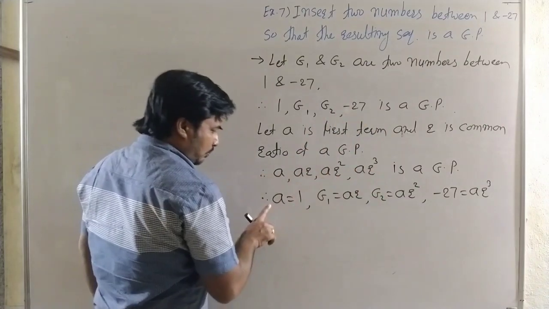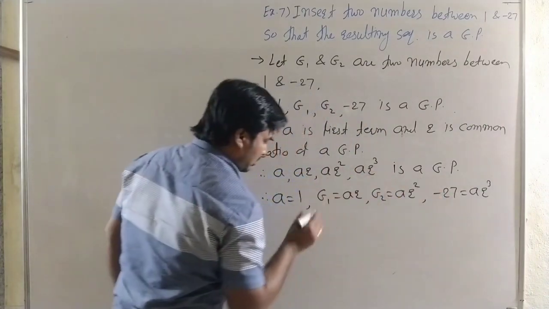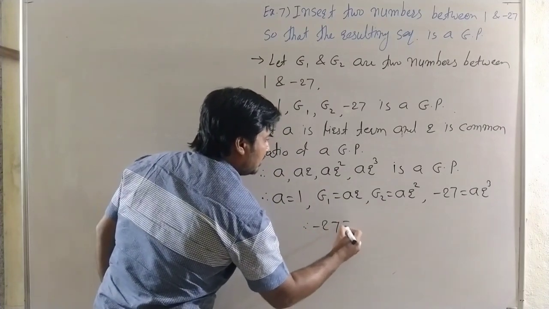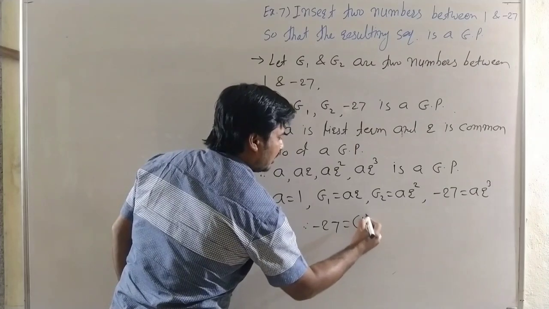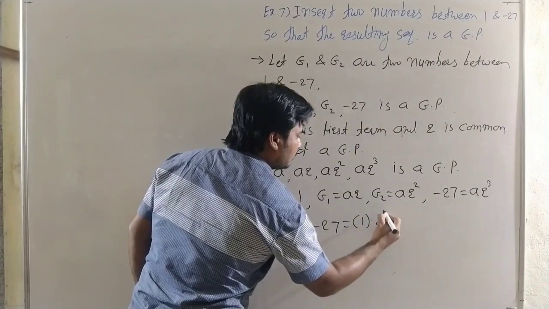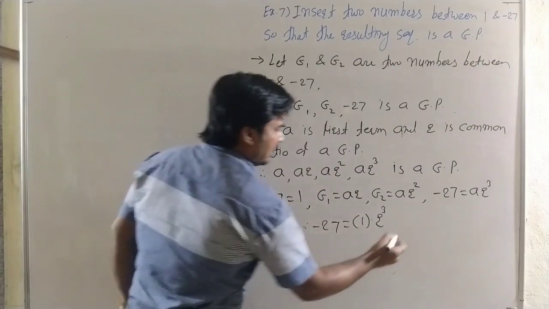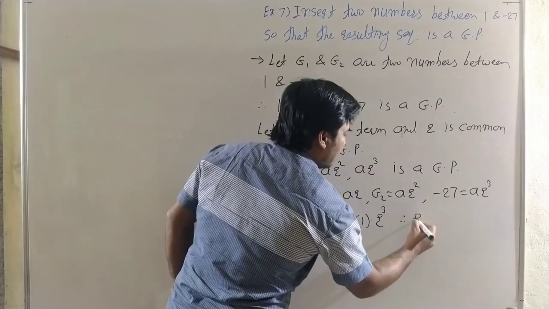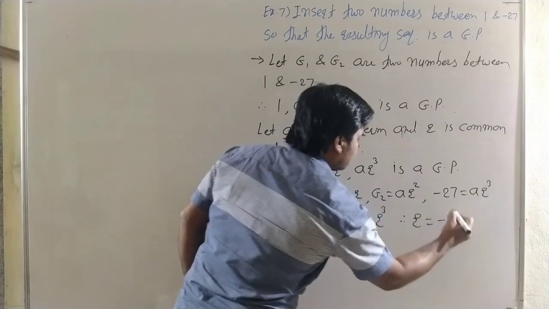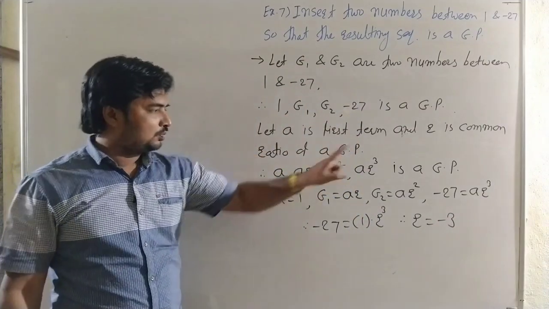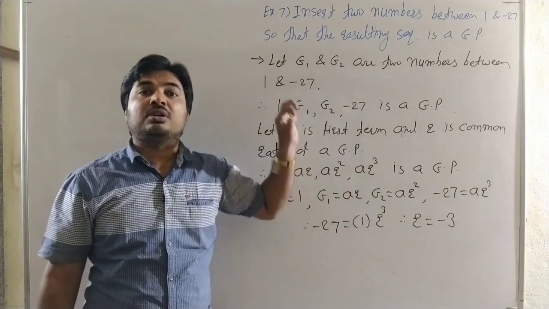Now from the first and fourth term we can write minus 27 is equal to A, that is 1, into R cube, and therefore R cube is equal to minus 27, and therefore R is equal to minus 3. Now 1 is the first term and minus 3 is the common ratio.